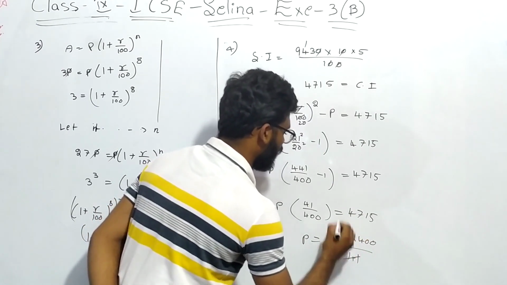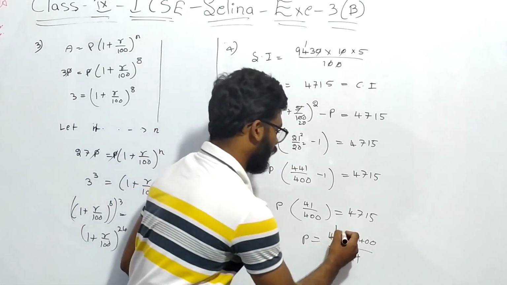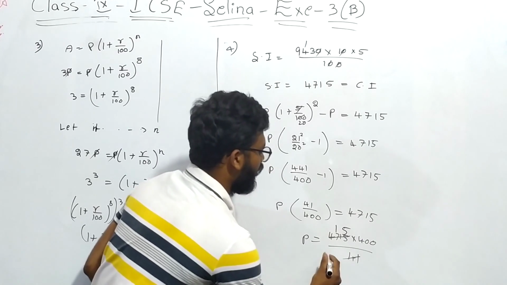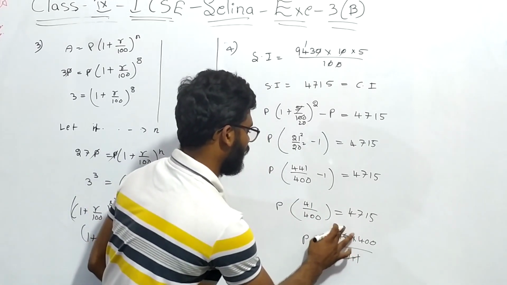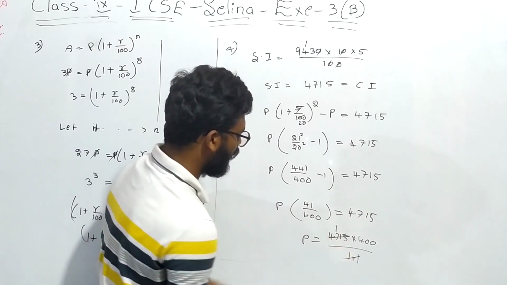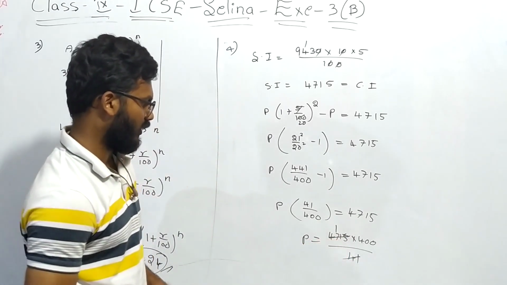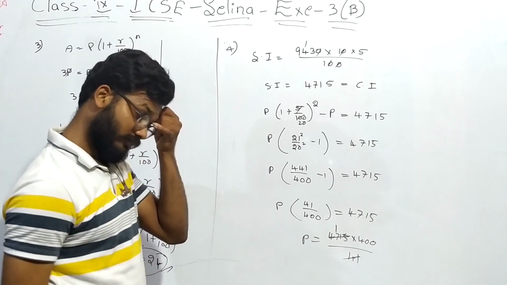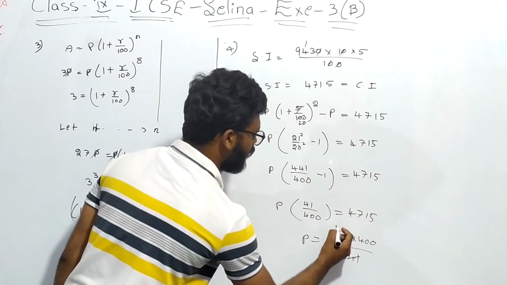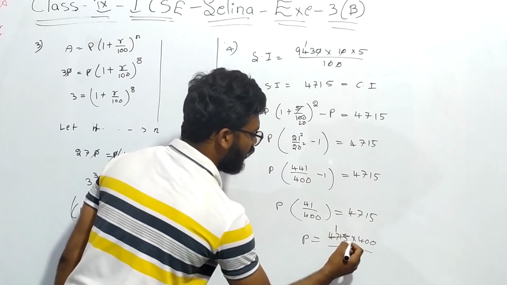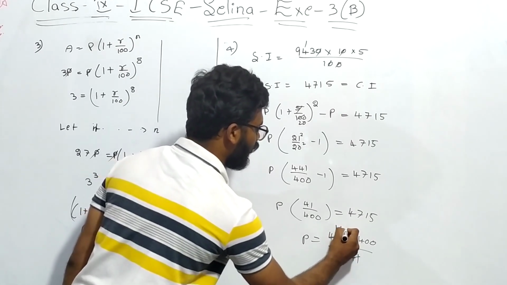So 41 1 is 41. So 4715 divided by 41 is 115.